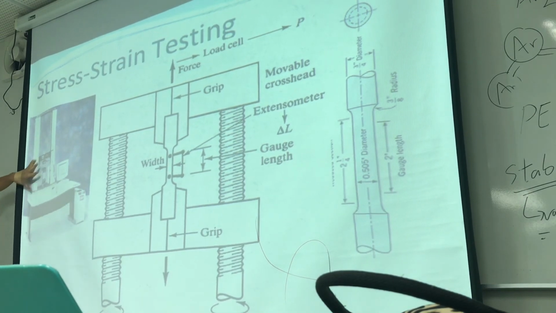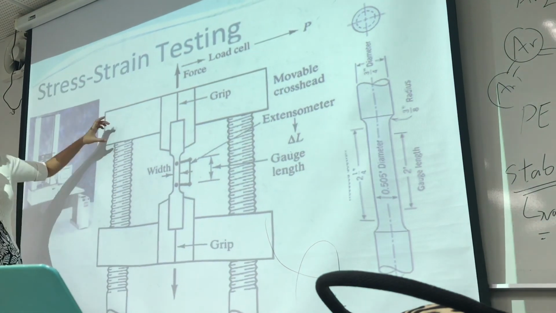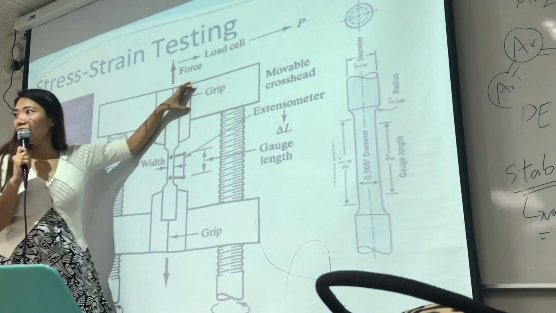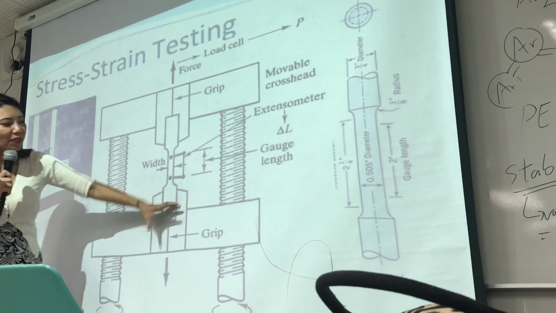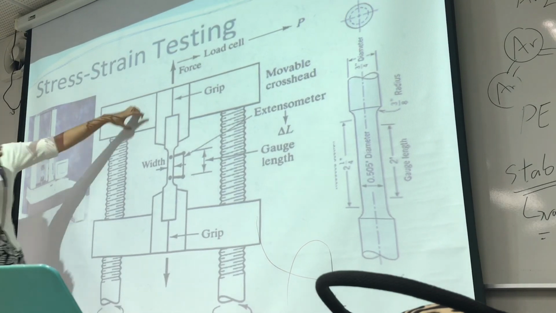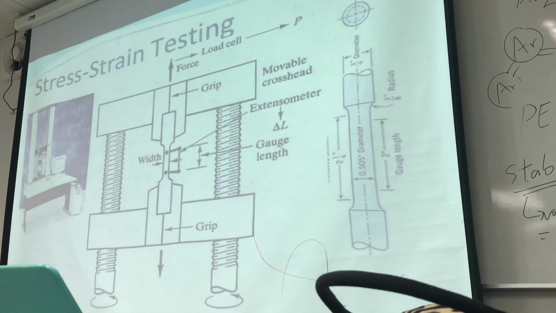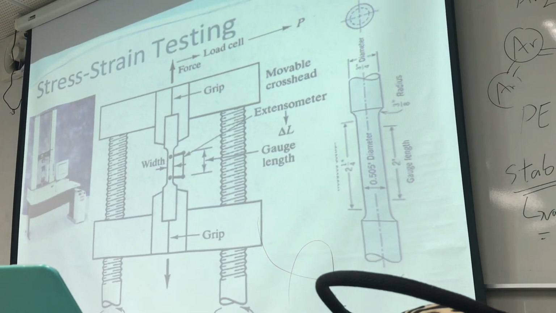This is the machine. This is a fixed stage, and this part can be moved. That is a grip, the hand to hold your sample, and that is another hand to hold your sample. That's why you need to prepare your sample in a certain shape.